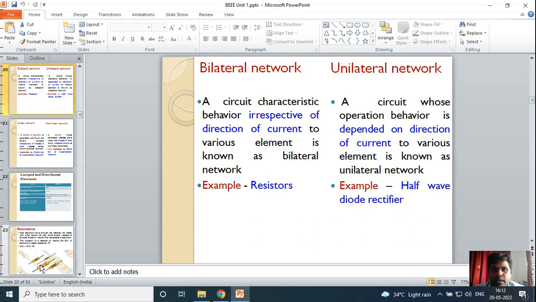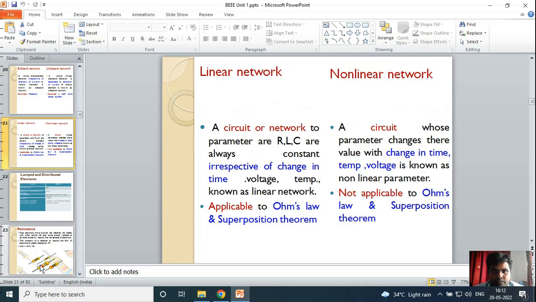Then the next type is linear network and non-linear network. In a linear network, the circuit or network parameters, resistor, inductor, capacitors, are always constant, independent of change in time. Not only time, it also applies to voltage, temperature, current. That kind of network is a linear network.